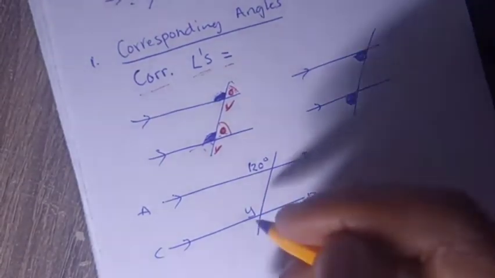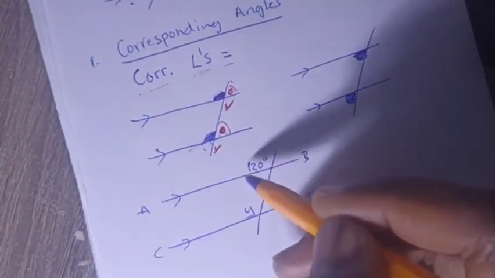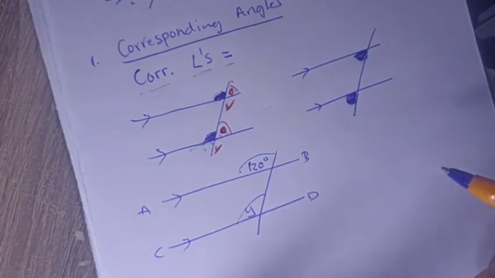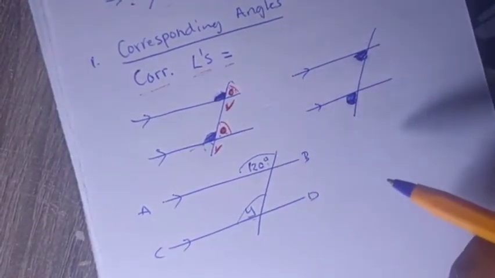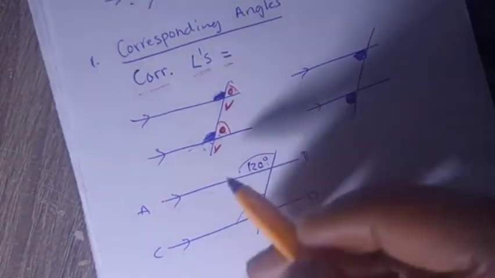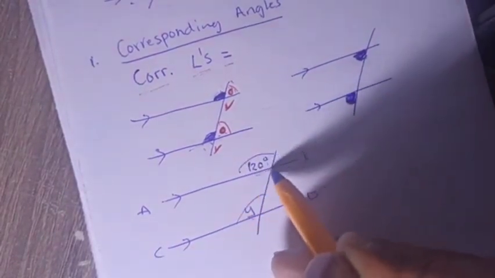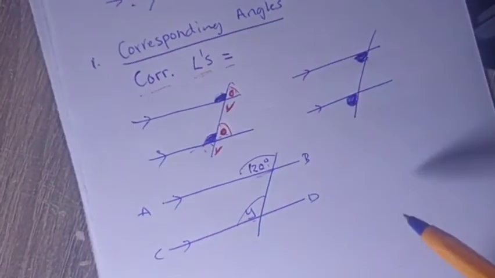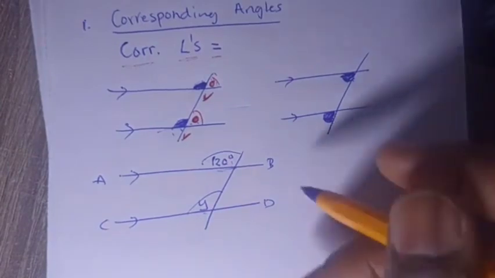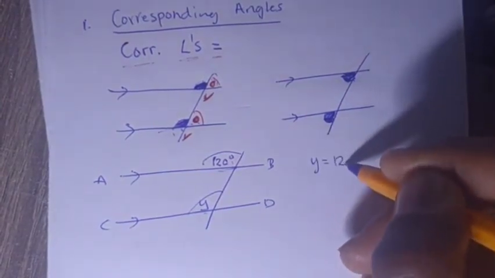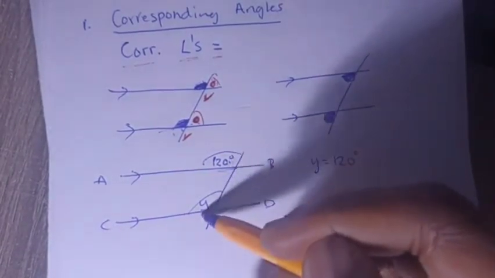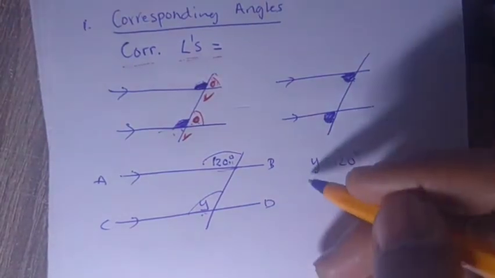First you see that these two are corresponding, in the same position on the lines, above the line on the left. So y equals 120 degrees. If this is 120, automatically that one becomes 120 degrees.